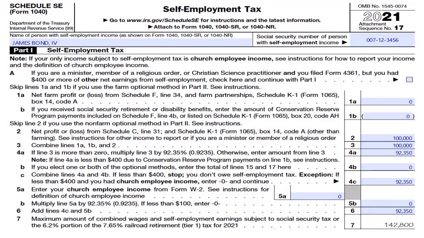You always want to have data from your Schedule C with you. You want to have data from other parts of the Form 1040 with you. You want to have data from your Schedule K-1, Form 1065 with you. Okay, depending upon your situation, you might want to have a Form 1041 with you also. This is very important, especially if the Form 1041 applies to your business.